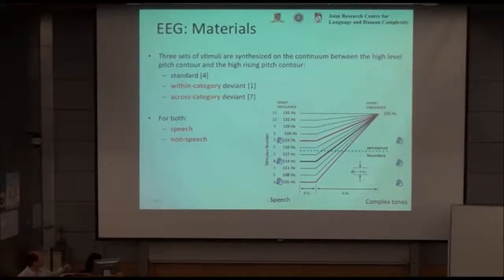So it is a cross-category change, right? And from stimulus number 4 to stimulus number 1 is also a 3-step change. So physically, the change from 4 to 7 is the same as from 4 to 1. But from 4 to 1 is the within category change.